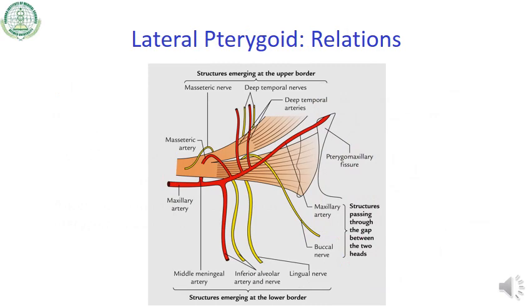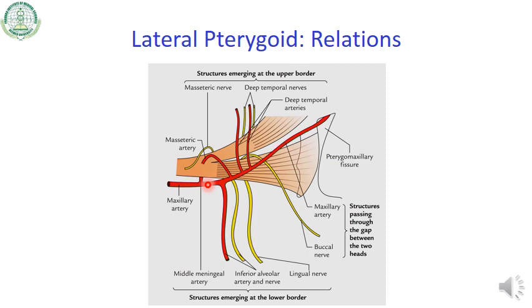Now relations of the lateral pterygoid. You can see in this diagram, this is the upper head, lower head, smaller head and the larger head. What are the relations we will see? These are the superficial relations of the lateral pterygoid, in which there is a maxillary artery and their branches.